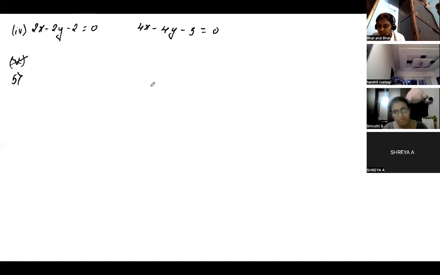Find the dimensions of the garden. So you have to find the dimensions of the garden.